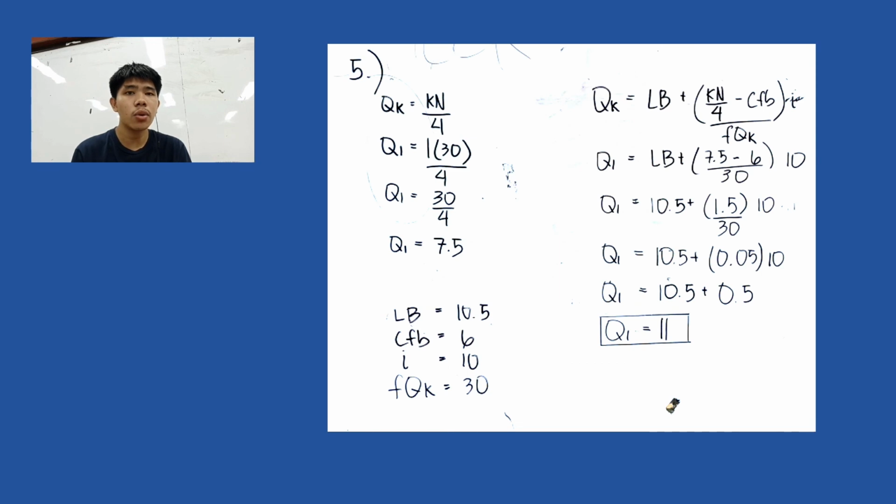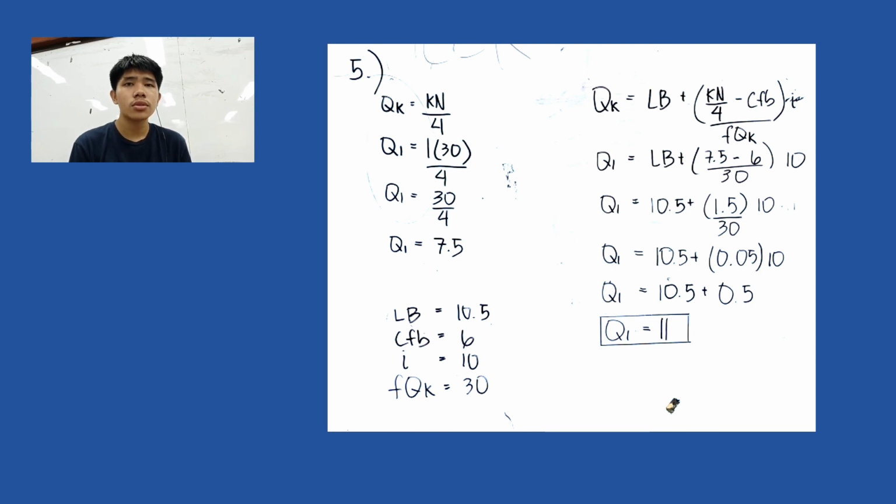So LB is equal to 10.5, CFB is equal to 6, I is equal to 10, and FQk is equal to 30. Now for our formula, Qk is equal to LB plus kn over 4 minus CFB divided by FQk times I.